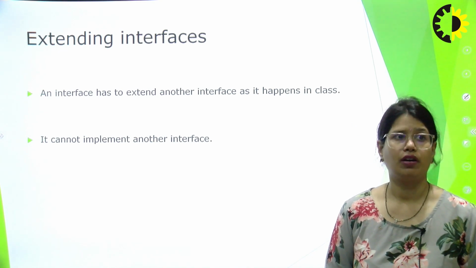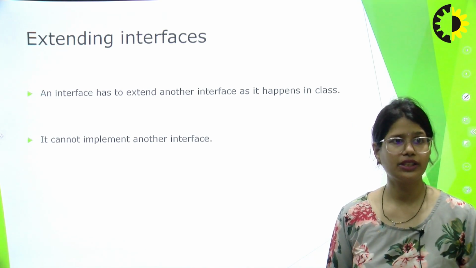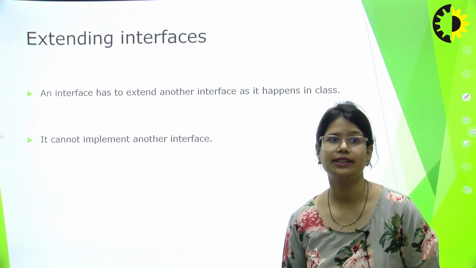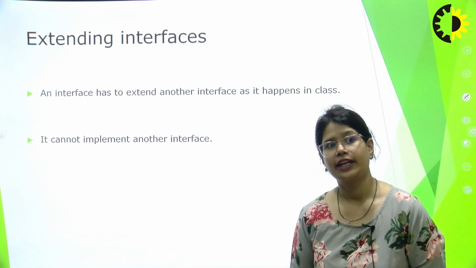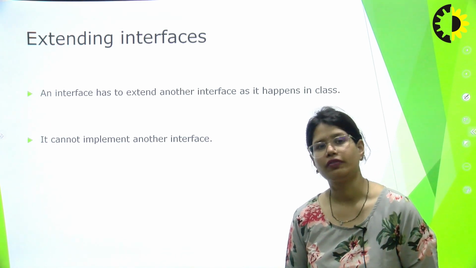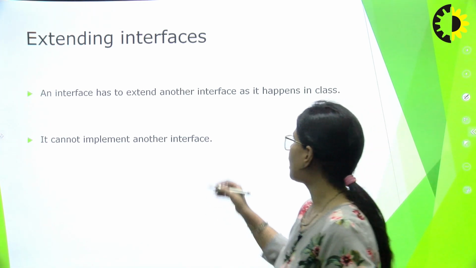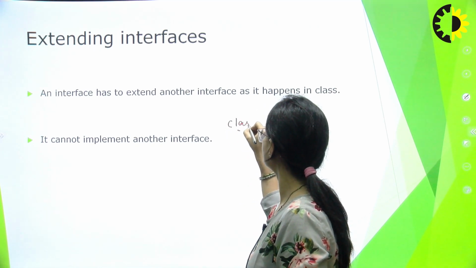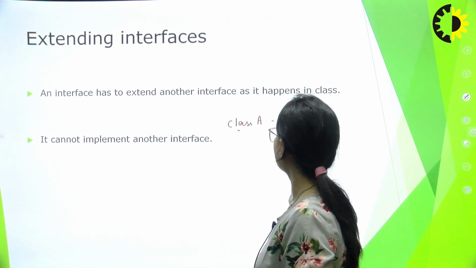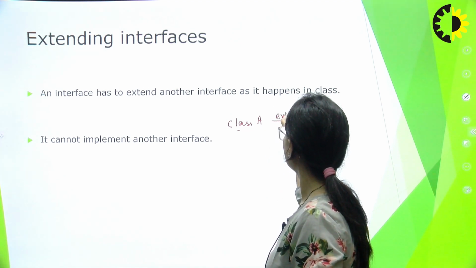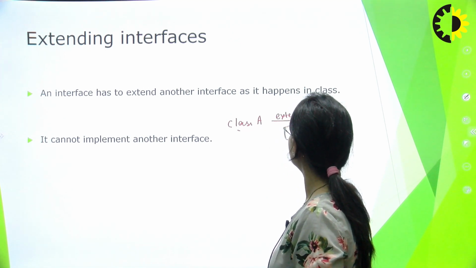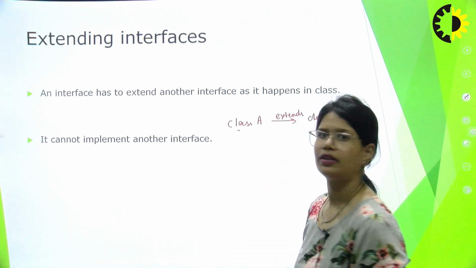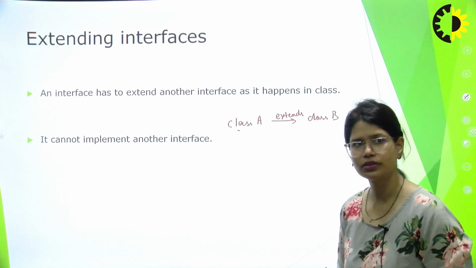Now, can we extend the interface? Yes, an interface has to extend another interface, as happens with classes. It cannot implement another interface. When we talk about classes in Java, class A extends class B, right? It happens in Java.